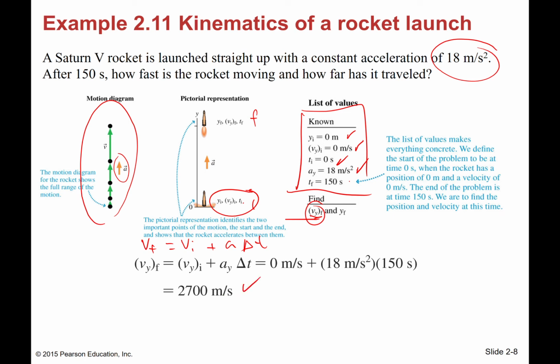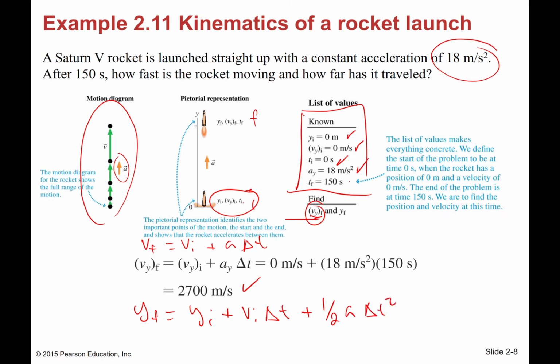Now I can find the final position, so I can use this other equation. It says y final is equal to y initial plus v initial times delta t plus 1/2 a delta t squared.